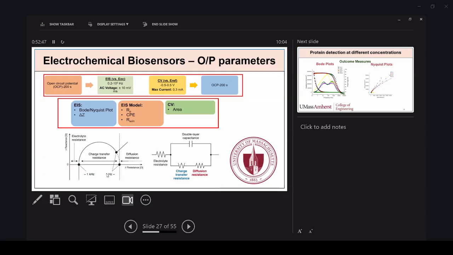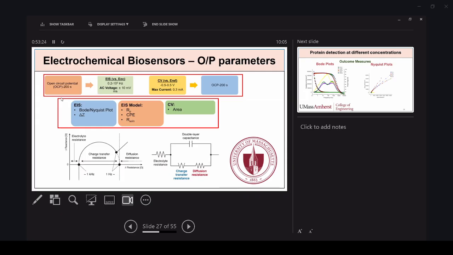For example, if there is something present on the surface of the antibody, and I am attaching the protein, either the reaction or the interaction will increase or decrease the response according to the biological molecules present on the surface, right? So the charge transfer resistance increases or decreases mainly based on the different species present, and we can also get the double layer capacitance. In this work, we mostly work on the double layer capacitance. However, in bacterial detection, we used the charge transfer resistance.